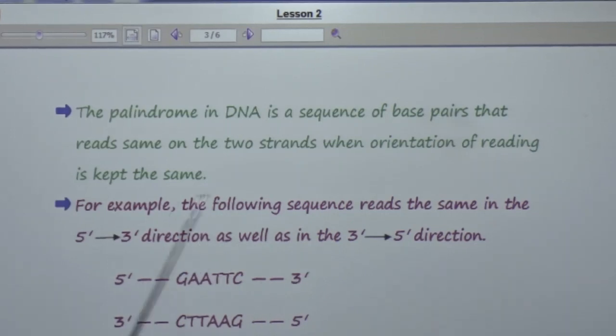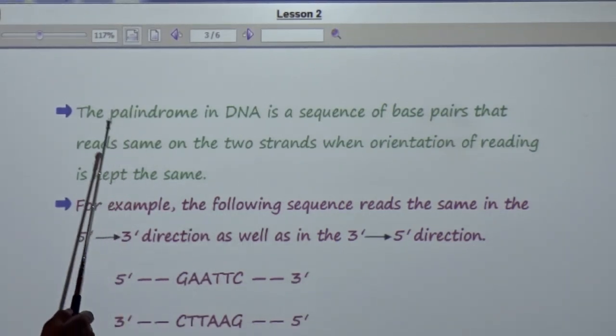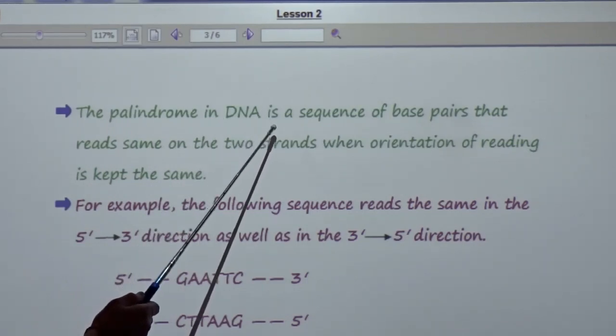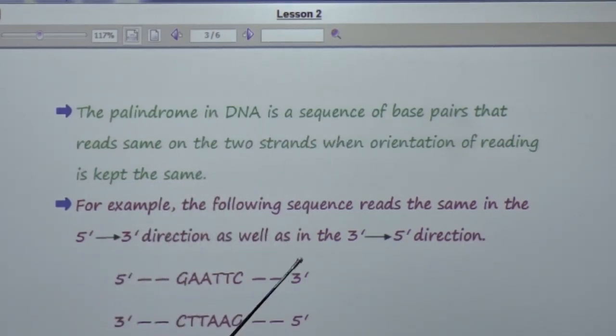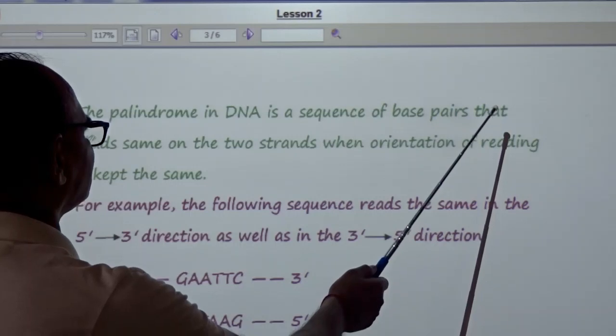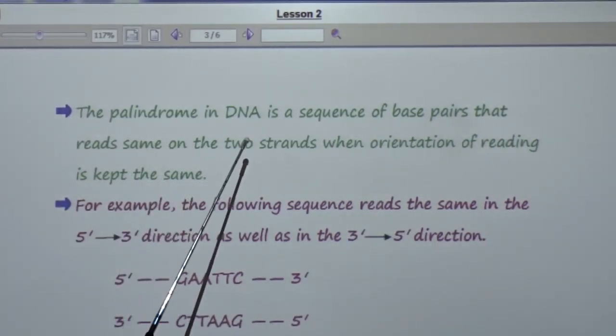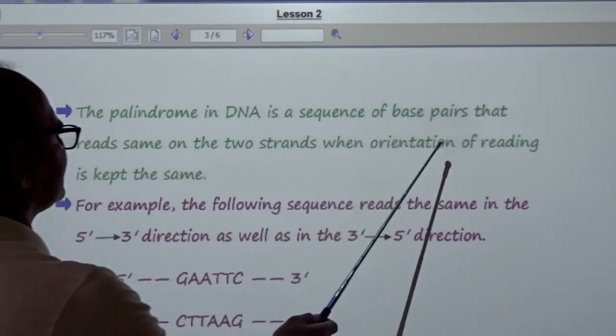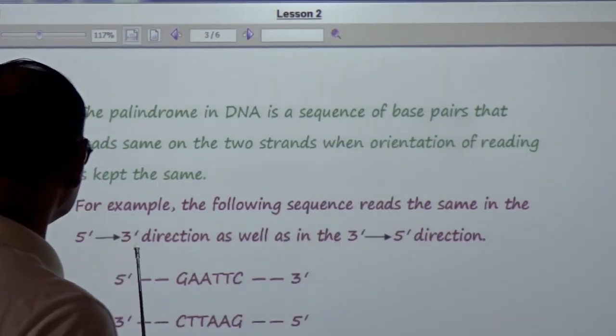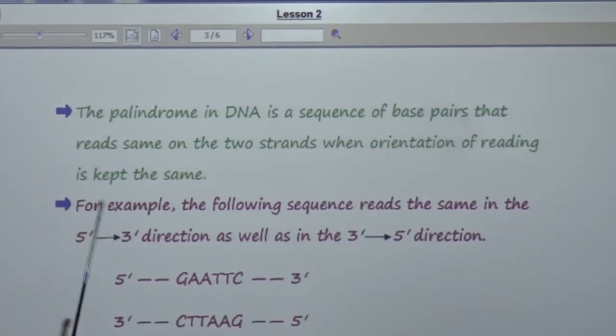So what are palindromes? A palindrome is a DNA sequence of base pairs that is the same on the two strands when the orientation of reading is kept the same.